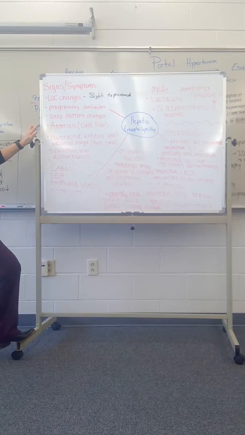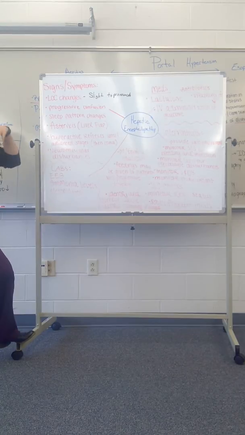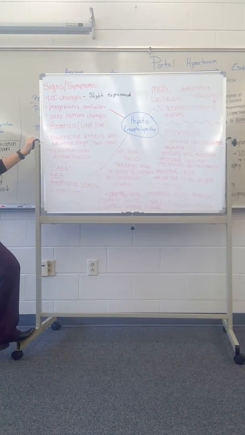You may also note, usually as the disease progresses, asterixis, which is liver flap. You see the hands flap. Your book has a diagram showing that.